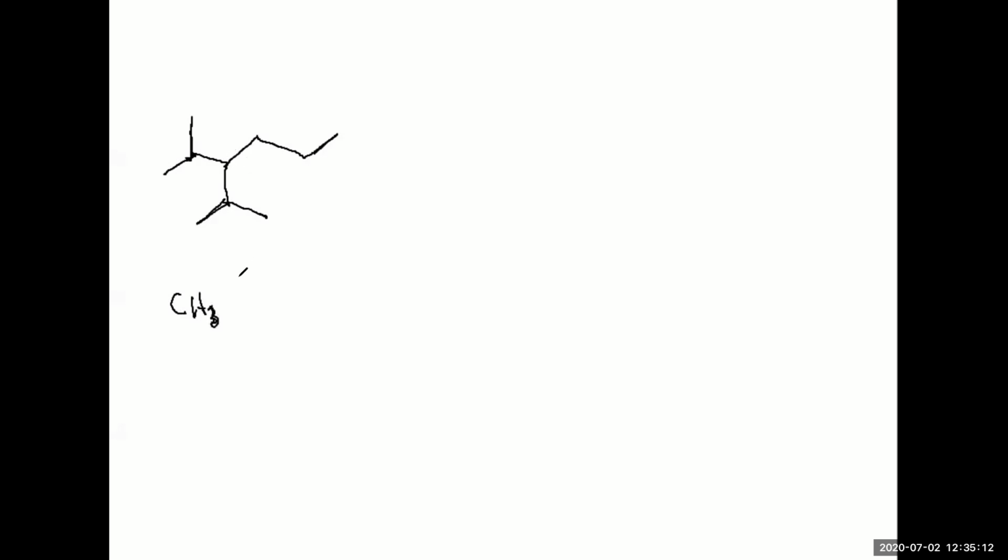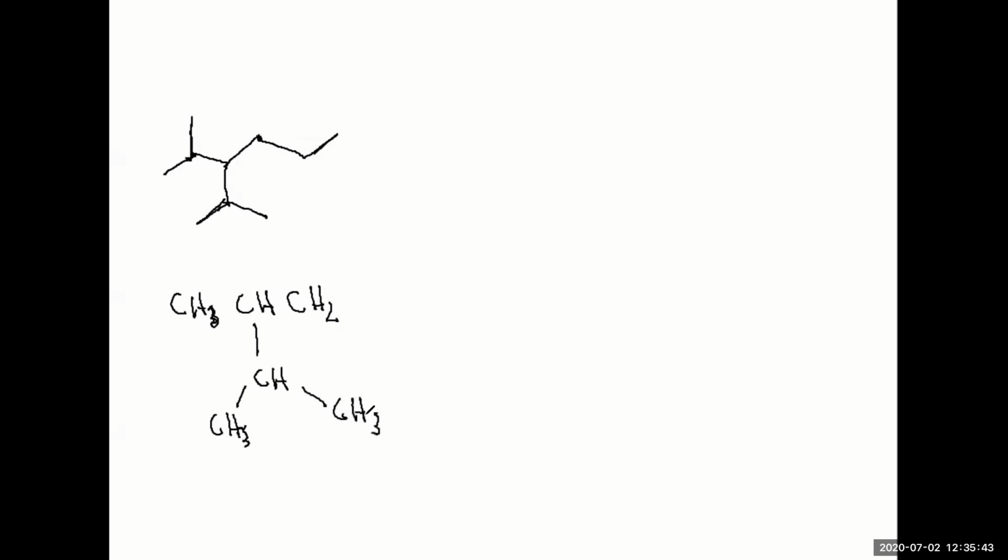Then you go to this carbon here, and that has to have a hydrogen, and then that also is bonded to this carbon here. And then this branches into a CH here. There has to be 1 hydrogen here because there's 3 carbon-carbon single bonds to that carbon, and then there's 2 methyl groups coming off like this.